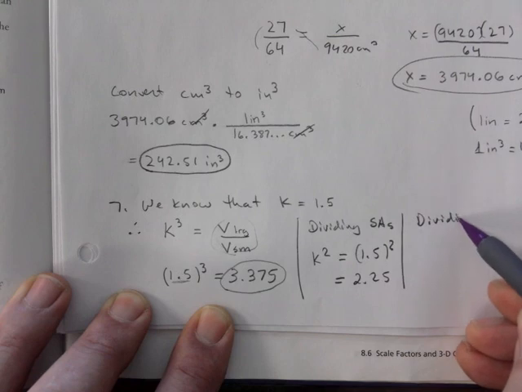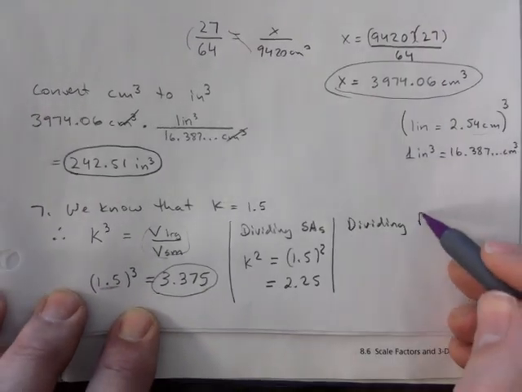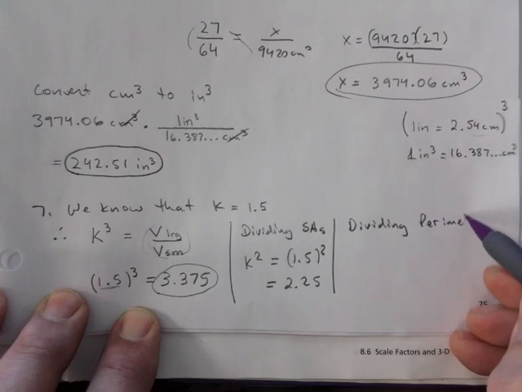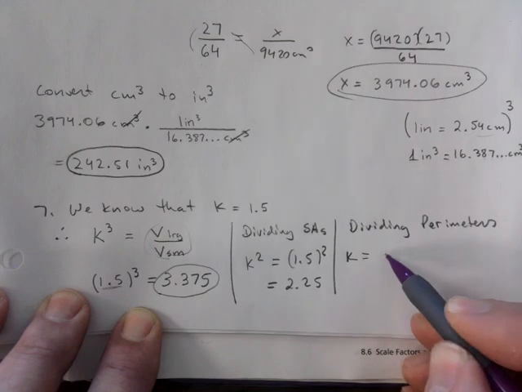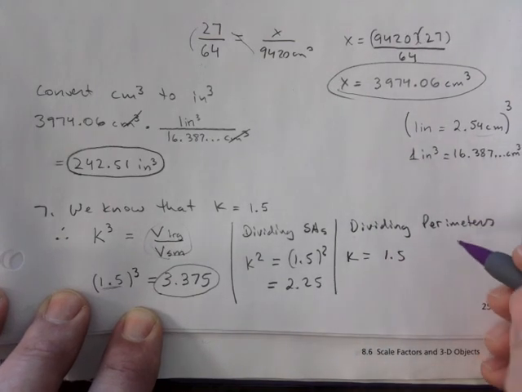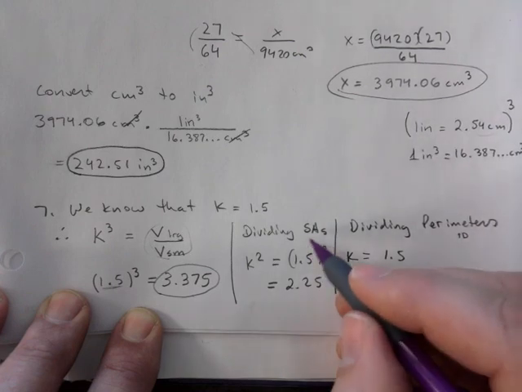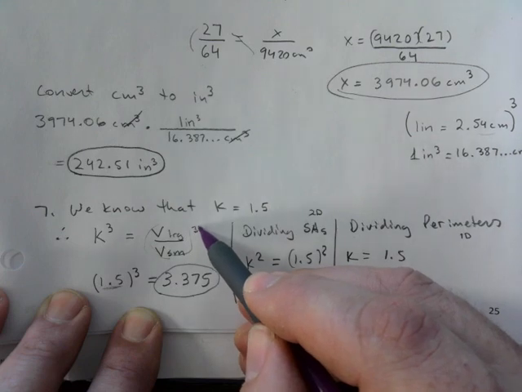Dividing perimeters, it's just k, which is just 1.5. Can we put this one-dimensional, two-dimensional, and here it's three-dimensional?